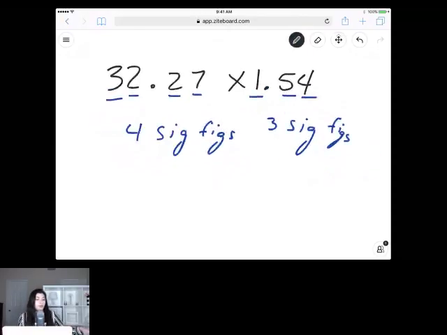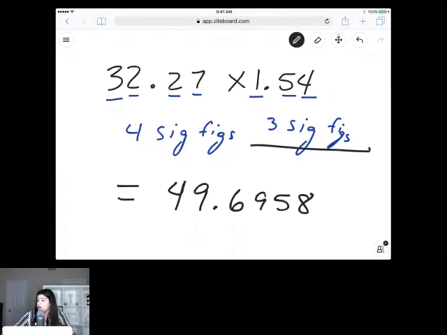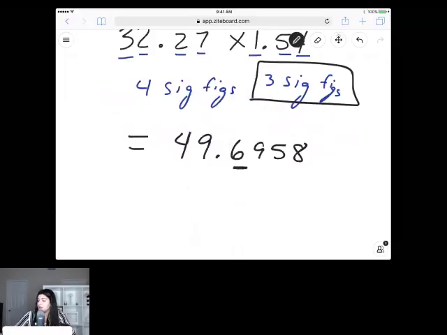All right. So after we multiply, punch that into our calculator. You get 49.6958. But we're going to round to 3 sig figs. So we'll stop right here at that 6, giving you 49.7.